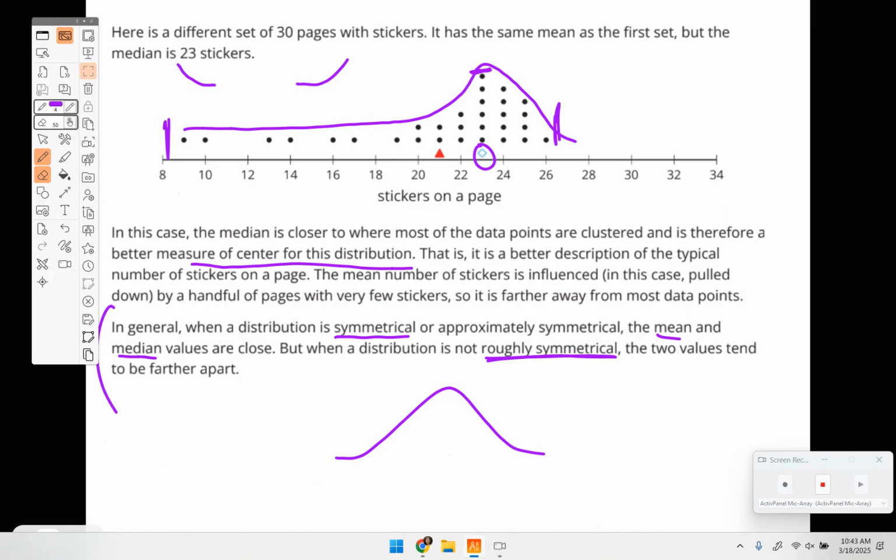Approximately the same, because it's got that bell curve. Okay, it's got the symmetrical bell curve. So we are going to write down that the mean and median are about the same. I would write it right underneath the graph so you know which one goes with which.